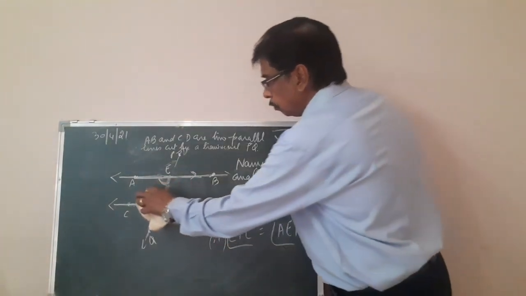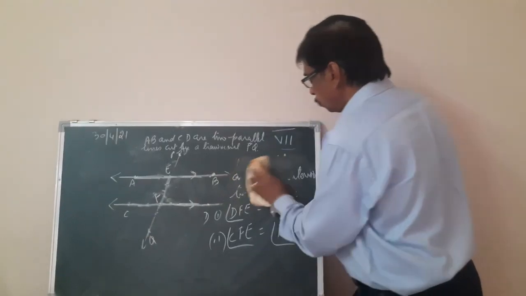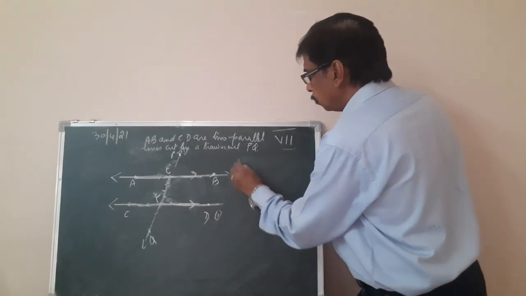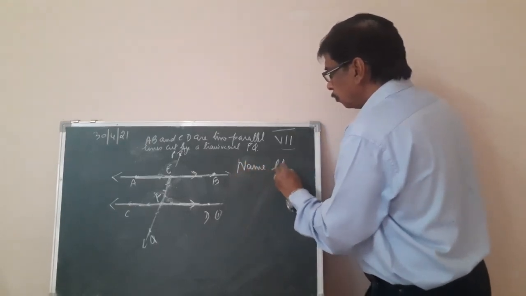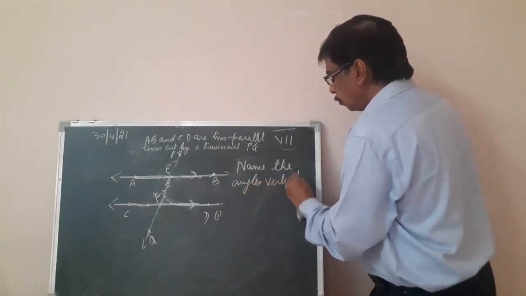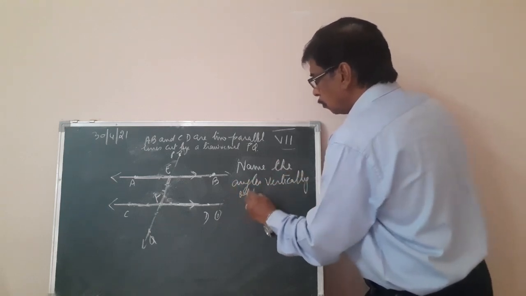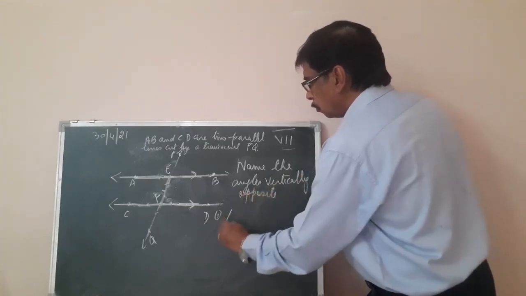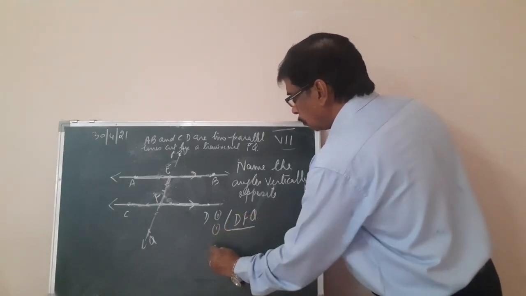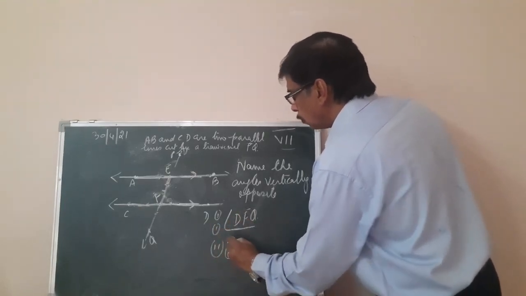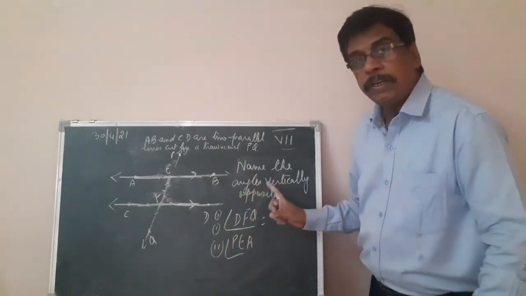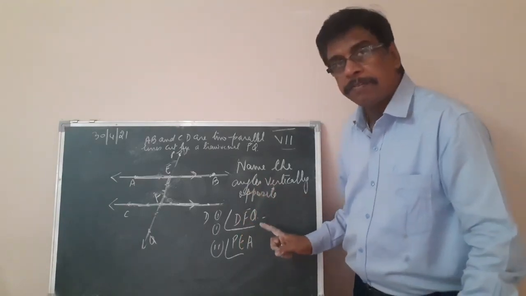Next is name the angles vertically opposite angle DFQ.